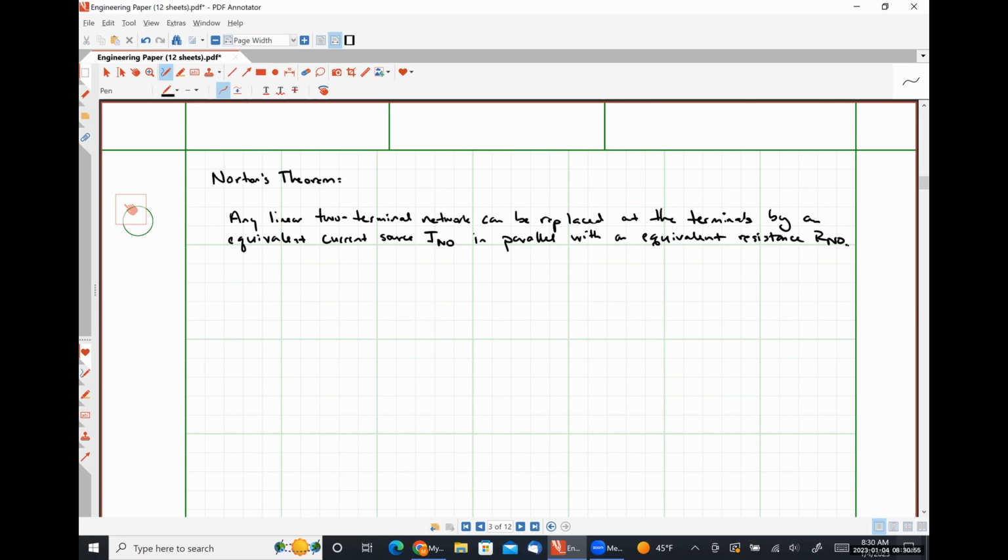So effectively, we can take any linear two-terminal network and convert it into a practical current source.